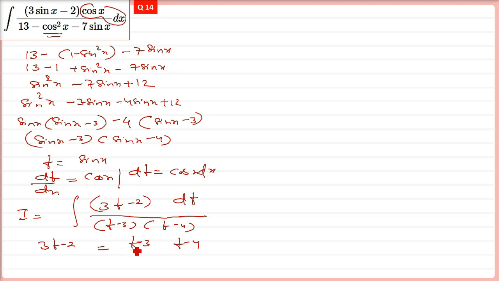For example, since t and t are there, in order to get a 3t, you have to add a t and subtract a t. This negative 3, negative 4 will be negative 7, but we need negative 2, so you have to add a 5 and subtract a 5. Those who want to do it like this can also do so.